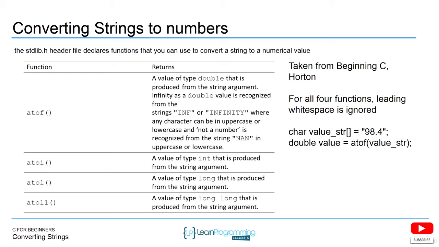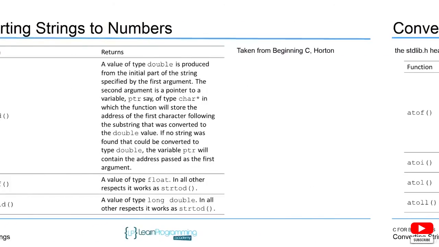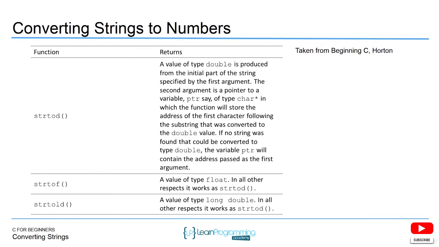You'll also see the opposite for converting integers to strings. You'll see things like itoa, which is int to ASCII. So if you had a number, 98, and you want to convert it to a string, you'd use itoa. There are also some newer functions, I think, that do some more. These ones are specifically for string to double as opposed to ASCII to float.